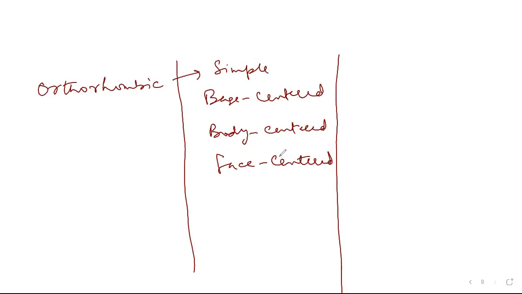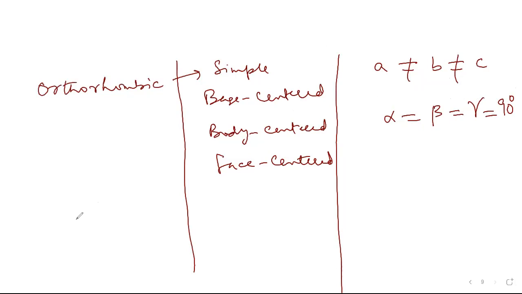So what are the unit cell characteristics? a is not equal to b, is not equal to c, alpha is equal to beta is equal to gamma is equal to 90 degrees. So for the orthorhombic crystal system, four possibilities: simple, base centered, body centered, face centered, and unit cell characteristics are all three sides are unequal, but all three angles are equal to 90 degrees.